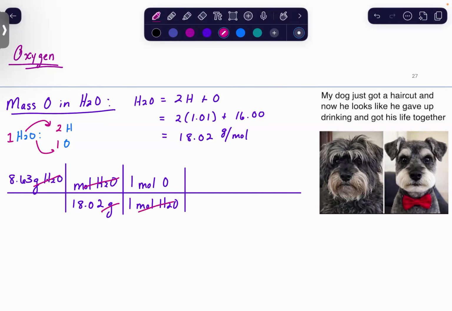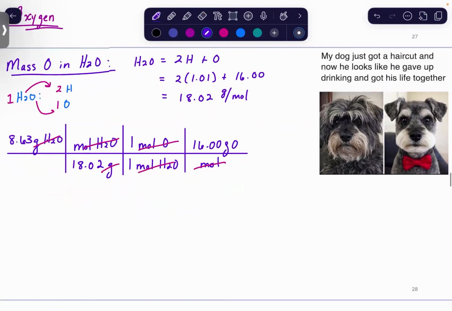Moles of H2O divides out. And then I say I want grams of oxygen, so that's going to be grams of oxygen per mole. And then, of course, moles of oxygen cancels out. All right, so I'm going to multiply this up. This is going to give me 7.66 grams of oxygen, and I get that from water.